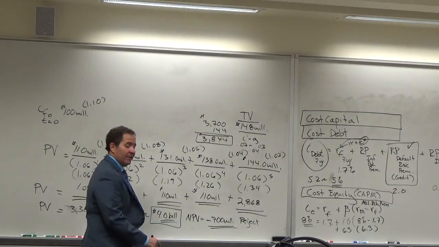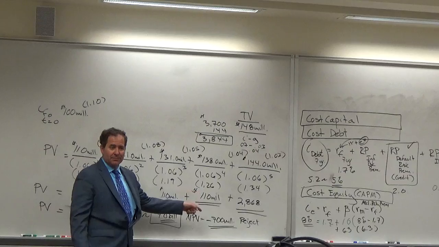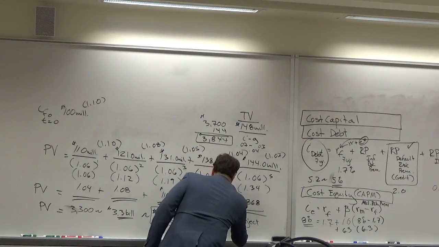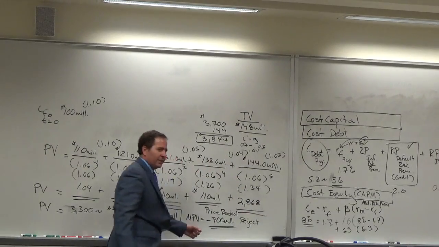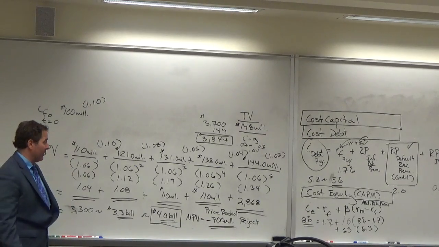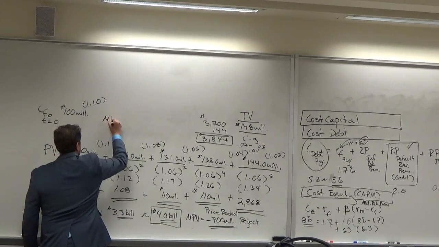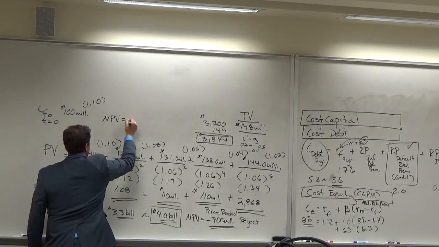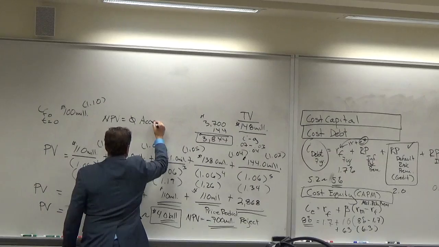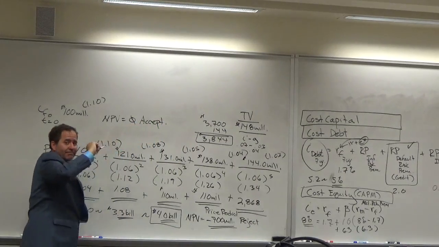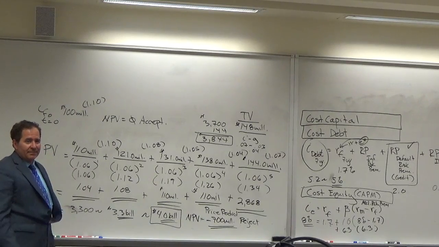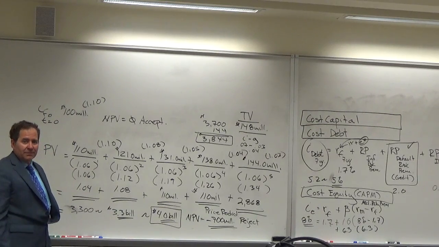We'd ask for a price reduction in what amount? 700 million. If we can get a price reduction of $700 million, what's the net present value? 0. Do we accept or reject? Accept. Those guys won't budge on the price. But we really want this project. So what do we do now?